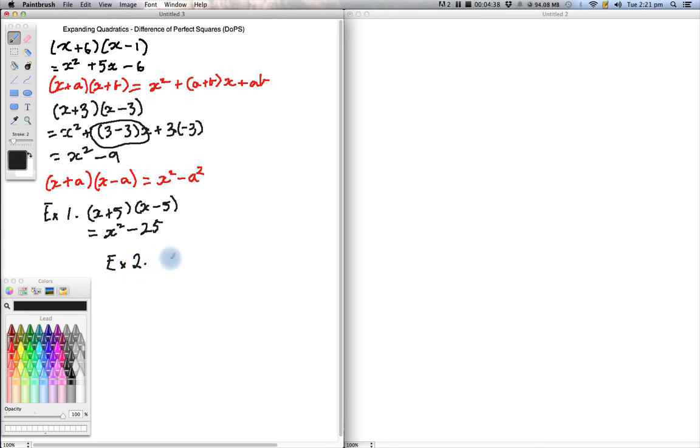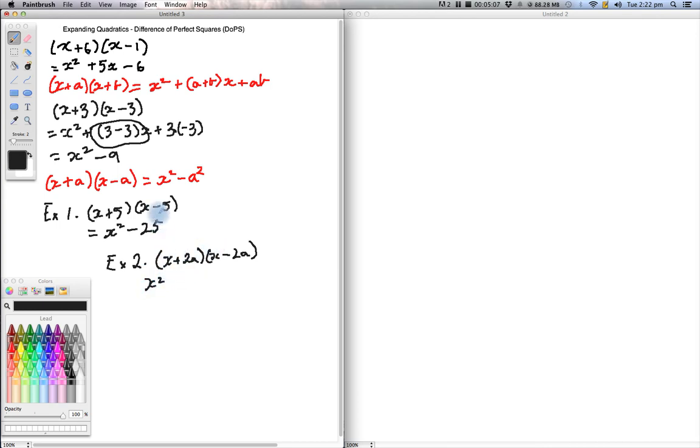Let's look at some examples that might be a little bit harder. Let's go with (x + 2a)(x - 2a). Here a could be any number, just a mystery number. We've got x's here, so that's x squared.